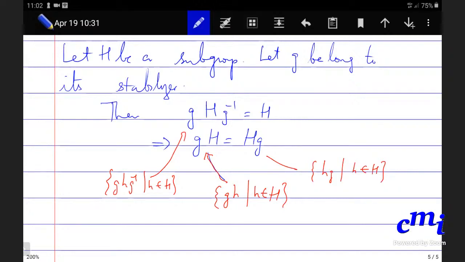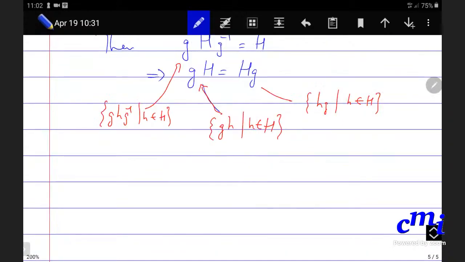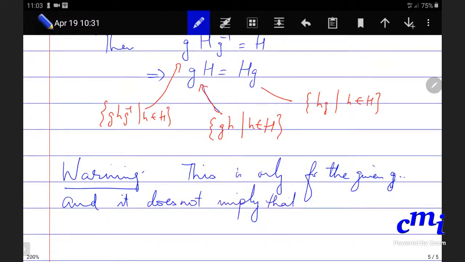Of course, this is not saying H is normal, because for that to happen, this should happen for every g. So, warning: this is only for the given g, and it does not imply that H is normal.